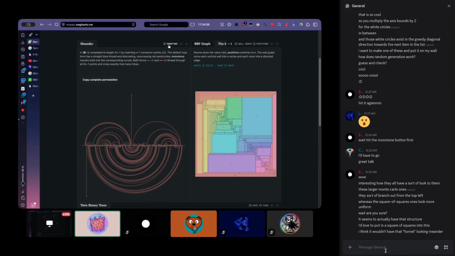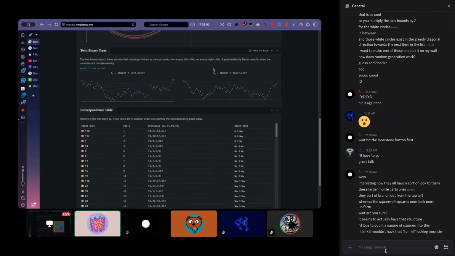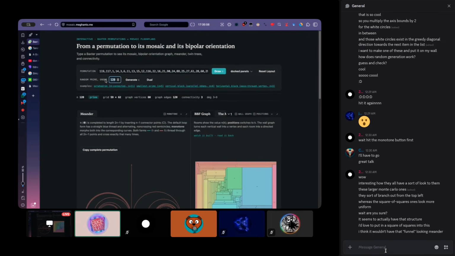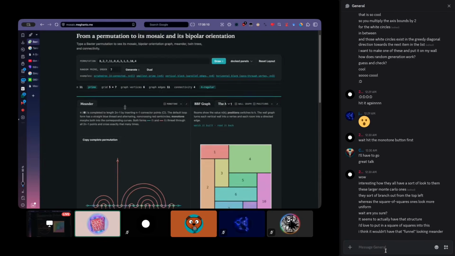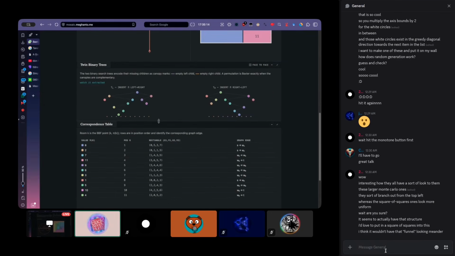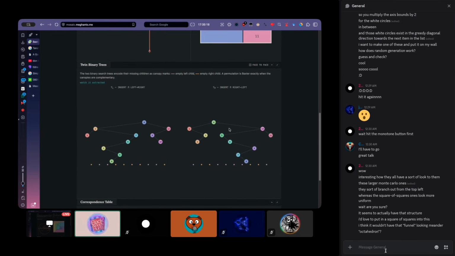But I want to hit the twin trees. Let's start with 7 prime maybe. Maybe the fun prime. This is fun for a different reason.